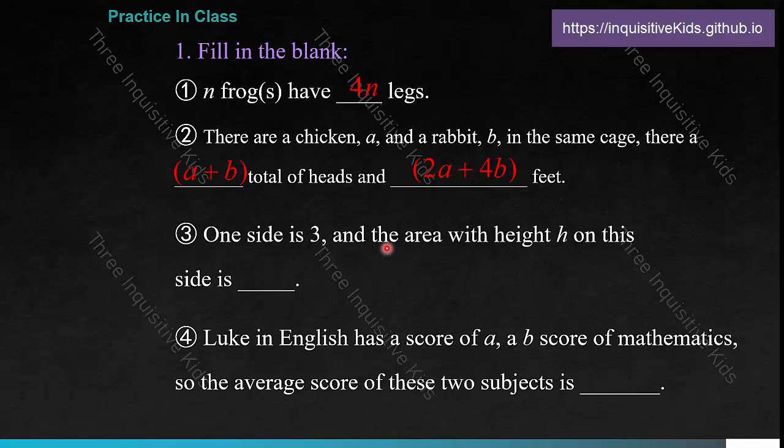It's going to be the sum of all of those values together divided by the number of values there are. So the values that we have right here are A and B. And since there are 2 values, we divide by 2. So the average score is A plus B over 2.